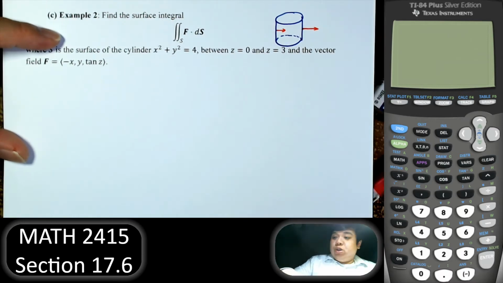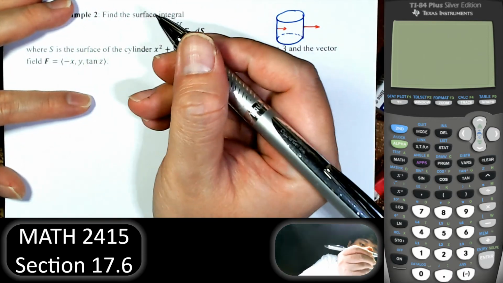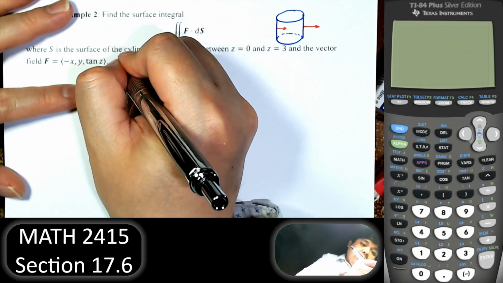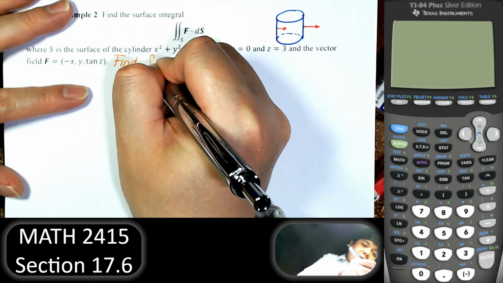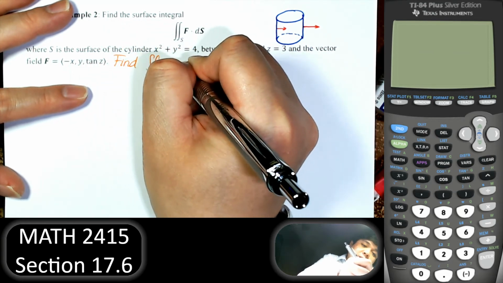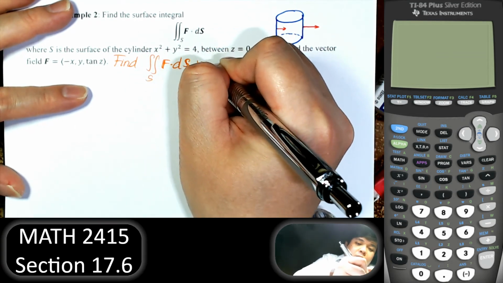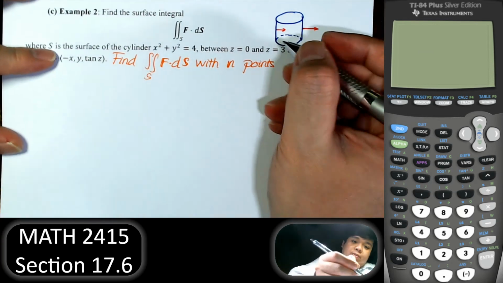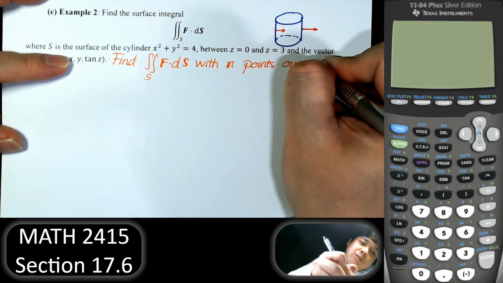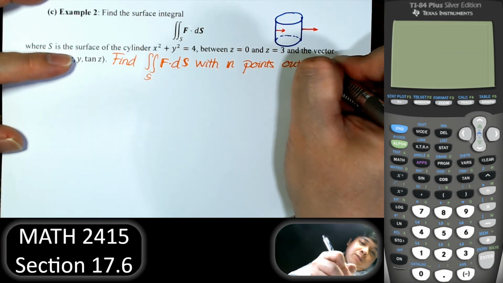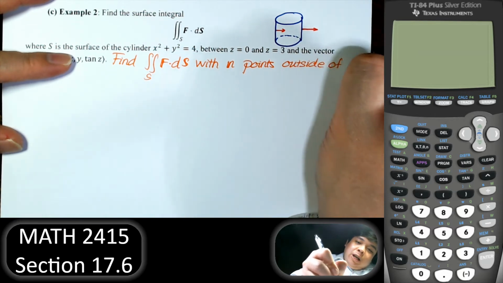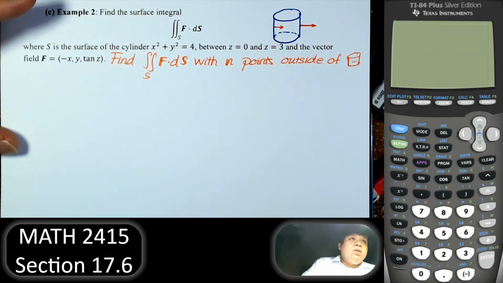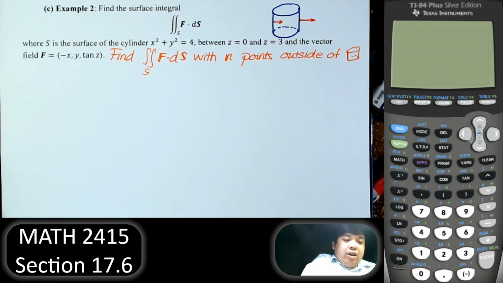So in this problem, I forgot to specify, but let's say: find the surface integral with the normal vector pointing outward, outside of the cylinder. And this is the vector field.